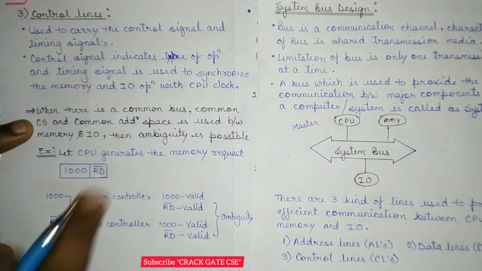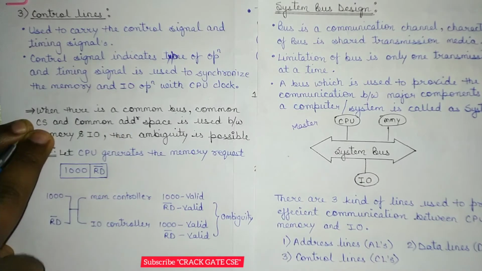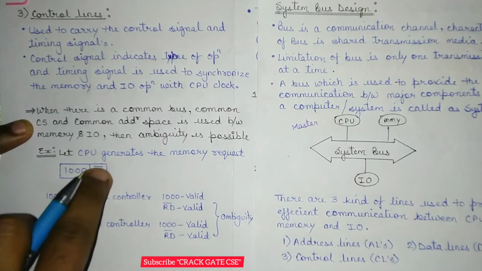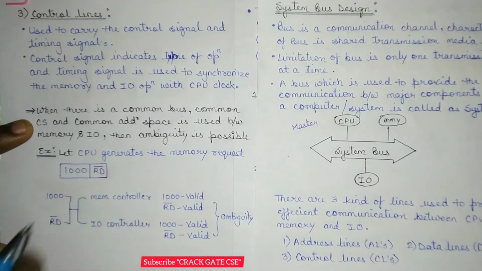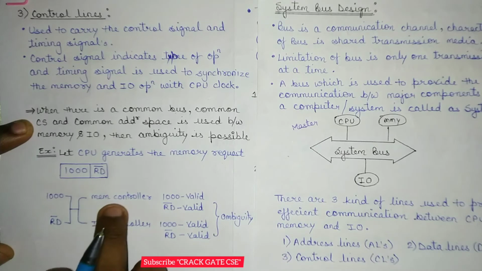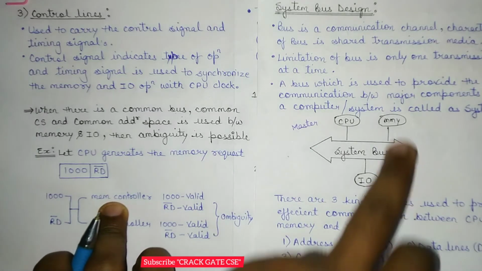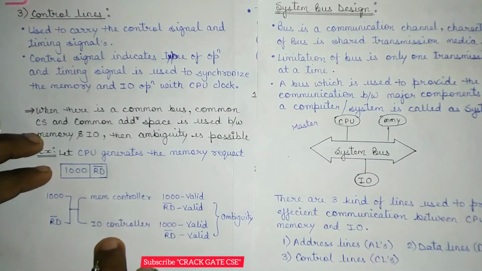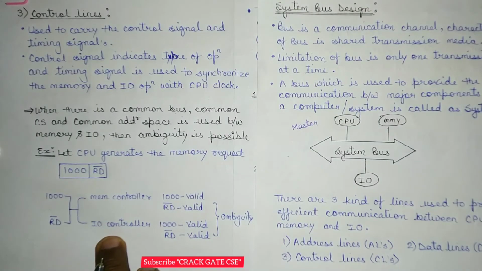Because we are having a common address space, common control signal and common bus, we will be sending this memory request to the bus, and this bus will go to the memory controller, which will be controlling the memory and validating the request. Similarly, there is an IO controller, and that bus is also connected to the IO. So the IO controller will also check for the validity of that request.